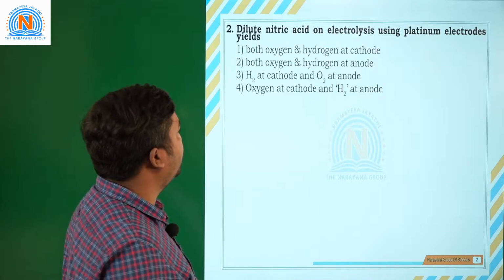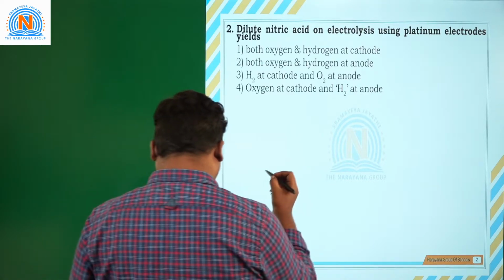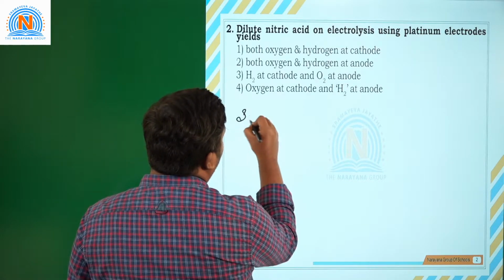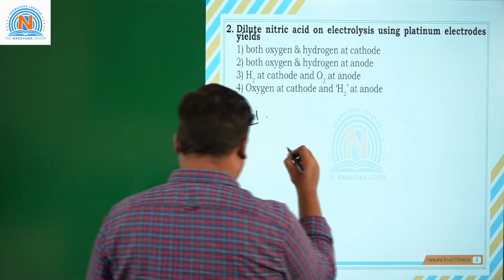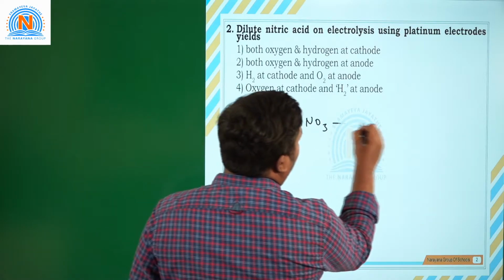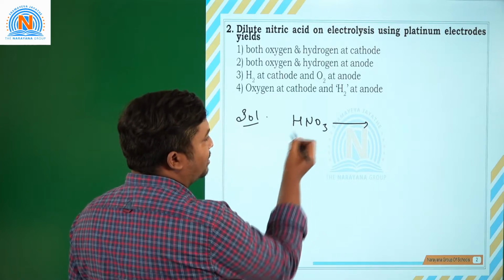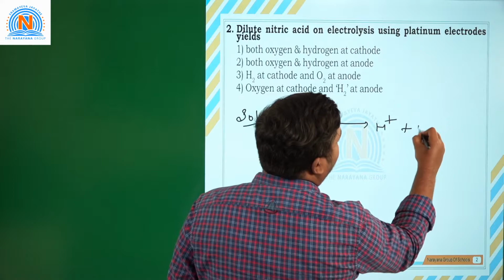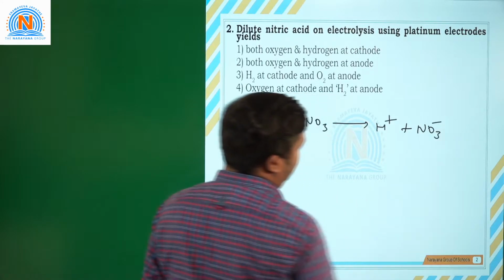Okay. So here let us see this. Nitric acid, when added to water, since it is an acid, it undergoes dissociation to form H plus and NO3 minus.